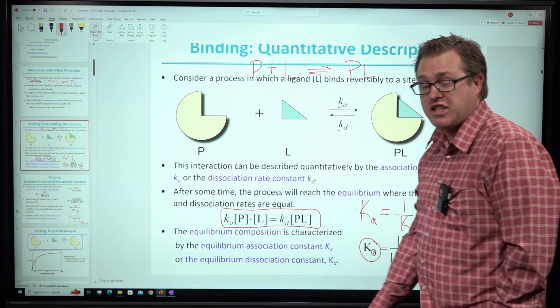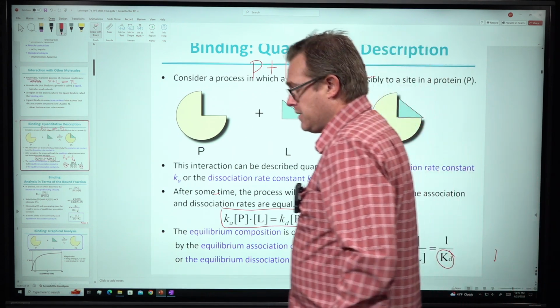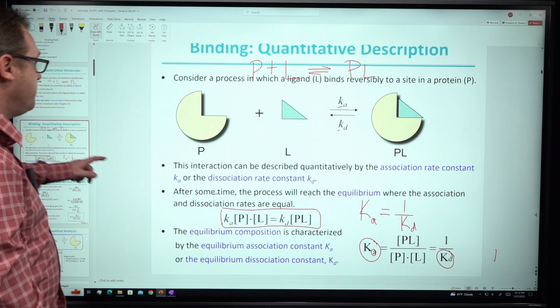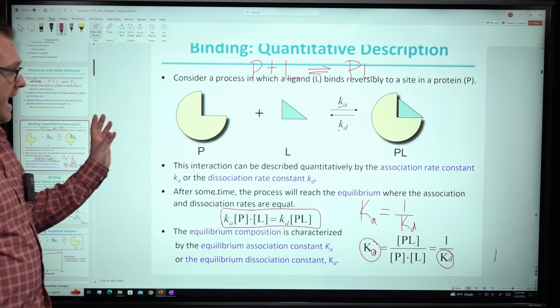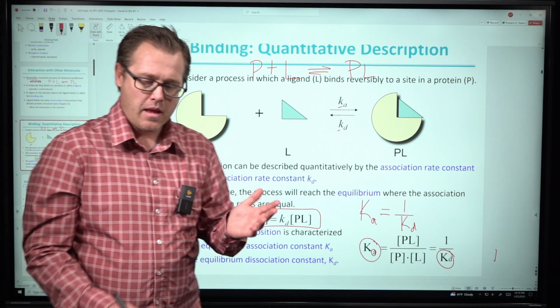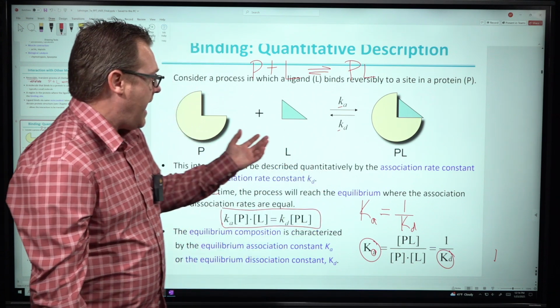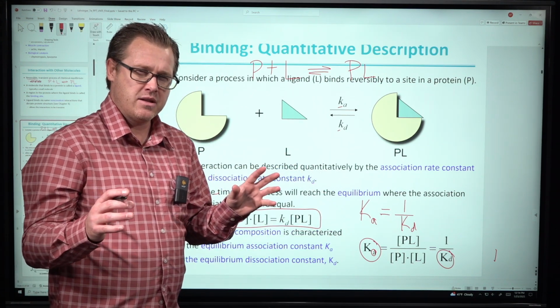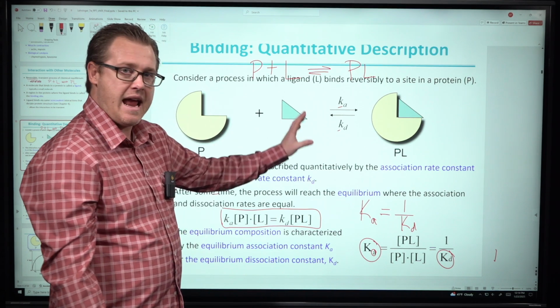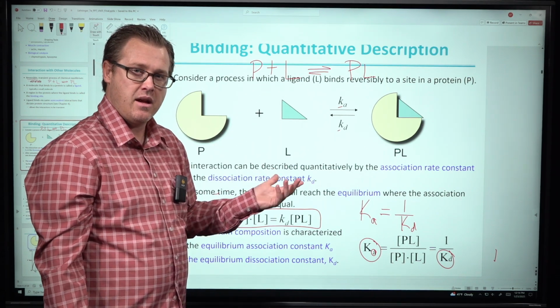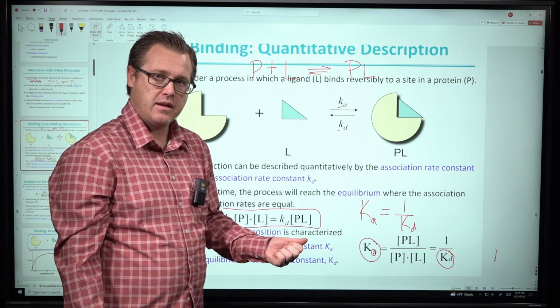That's the dissociation constant. So we're going to look at myoglobin and hemoglobin to understand this process and why it's so important to understand.